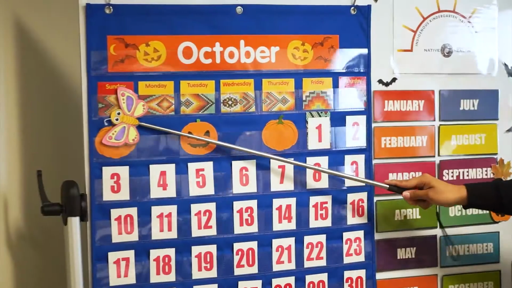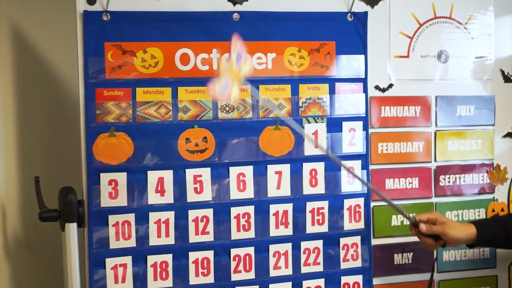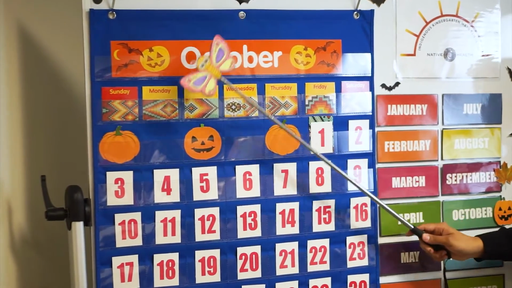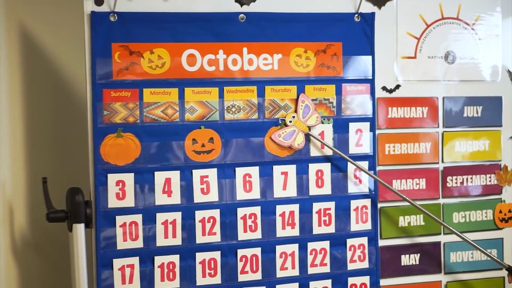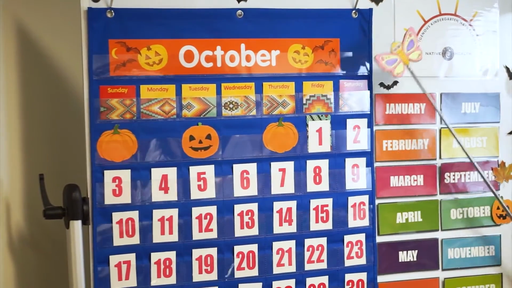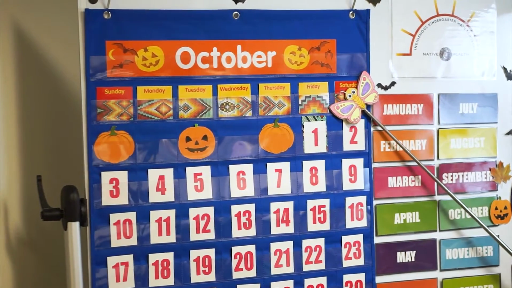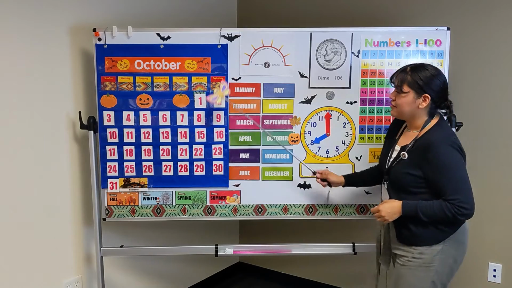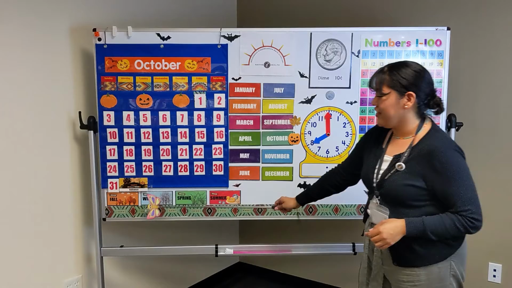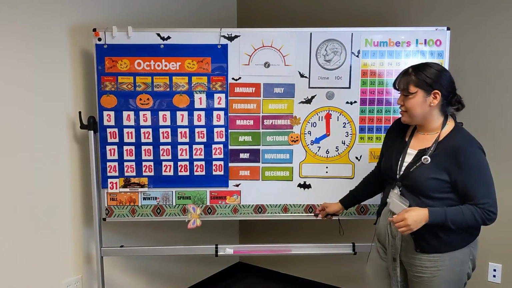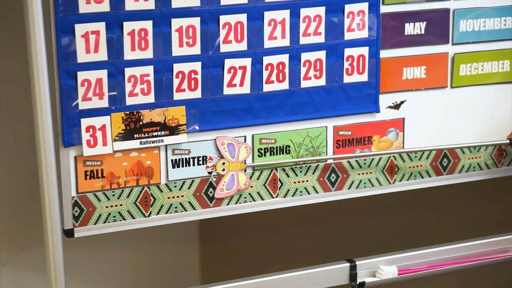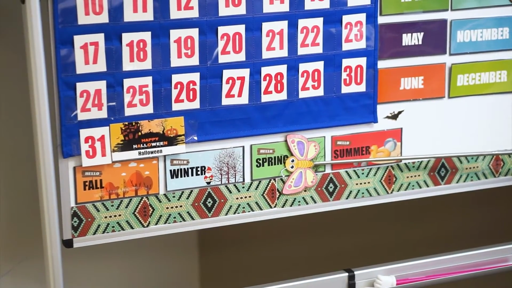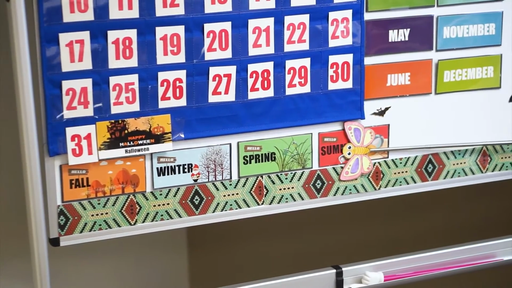Let's start with Sunday. All right, everyone ready? There's Sunday, Monday, Tuesday, Wednesday, Thursday, Friday, and Saturday. So October 1st, we're going to go down here. Our seasons, we're still in the fall season, and then we're going to go into winter, and then there's spring, and there's summer.